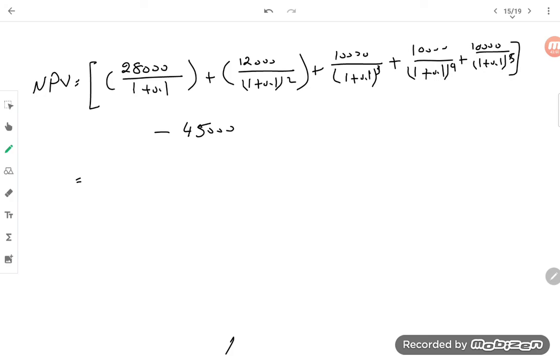The present value for all inflows is 55,924 minus the initial investment, which is 45,000. It will be 10,924. So this is the net present value for the second project.